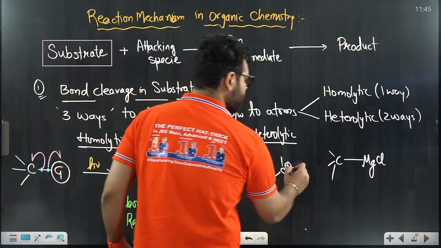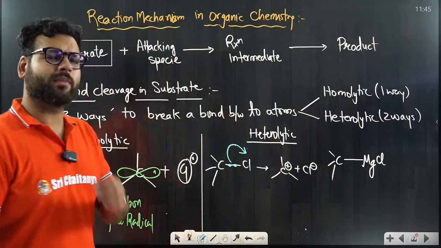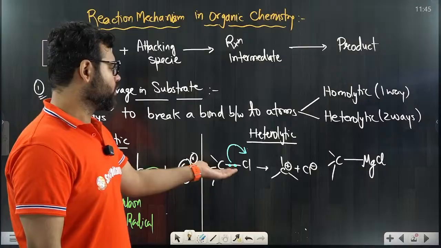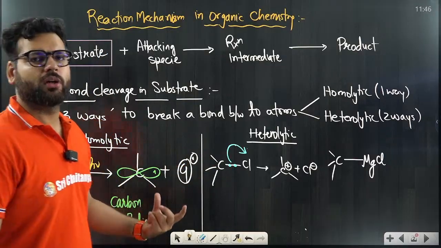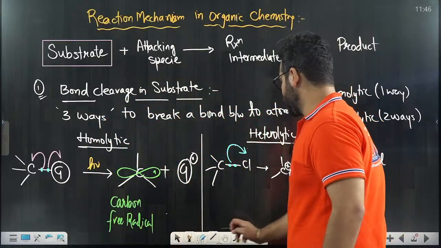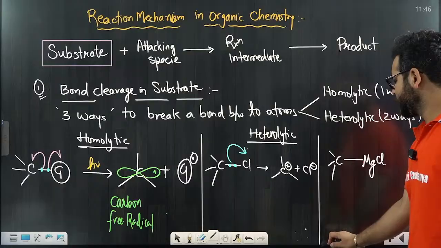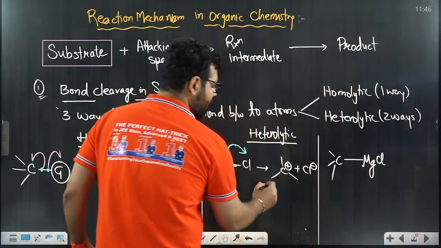Carbon becomes positive, chlorine becomes negative. So homolytic cleavage gives rise to neutral molecules, whereas heterolytic cleavage gives rise to charged ions. If you get a cation, we'll call it a carbocation.